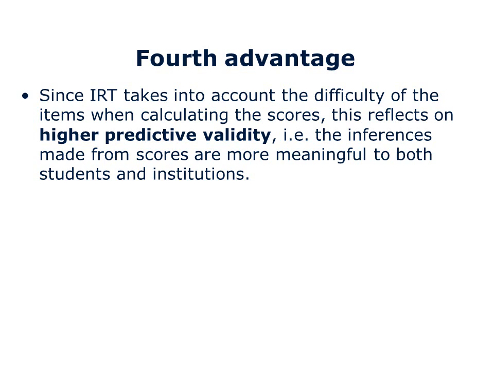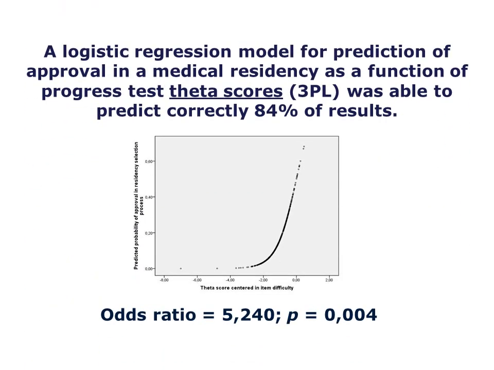Another advantage, item response theory has higher predictive validity. This means that the scores generated by item response theory are much more meaningful because they really reflect much better the future performance of test takers in a similar exam or at accomplishment landmarks.